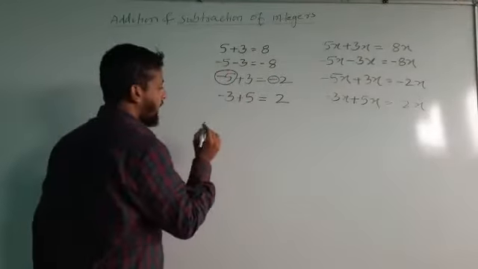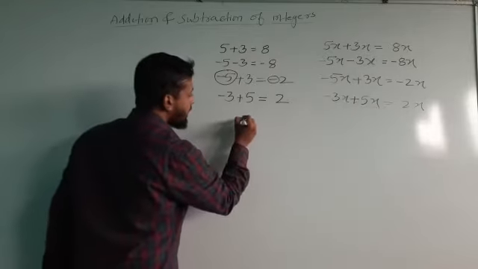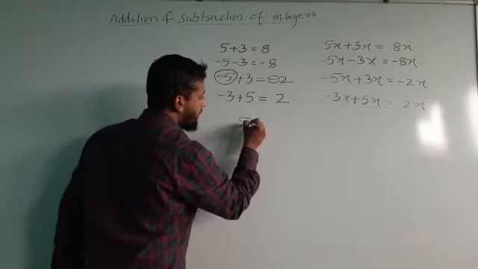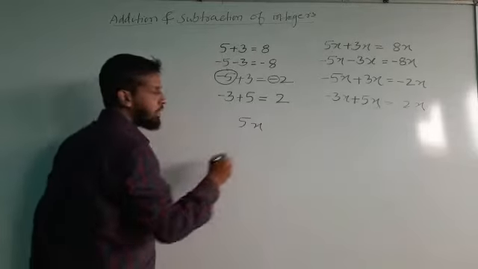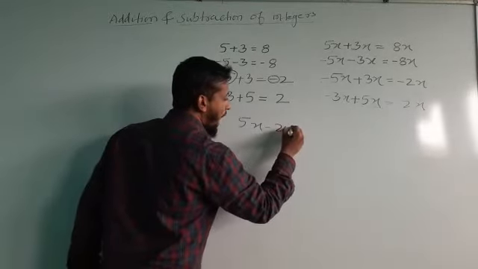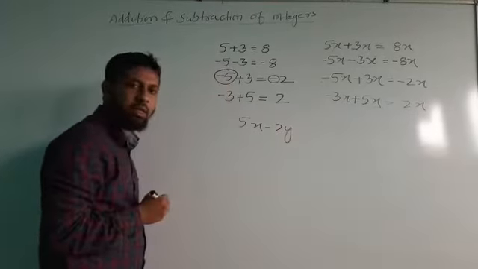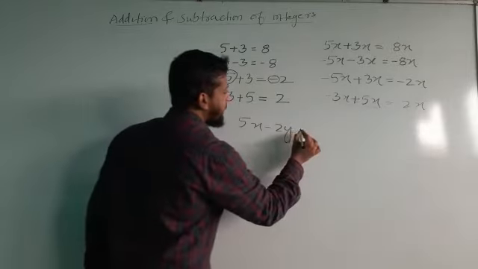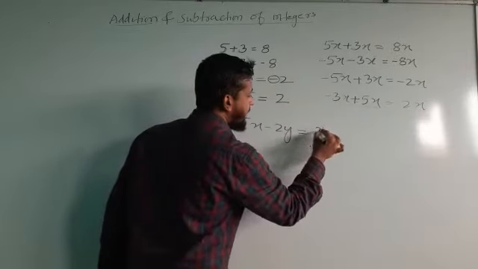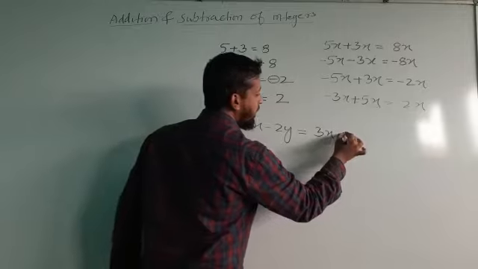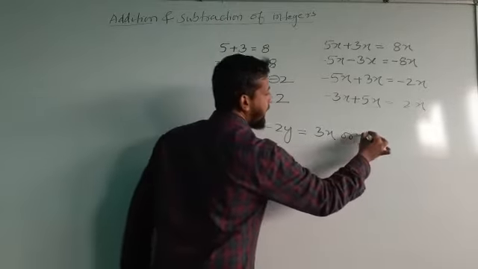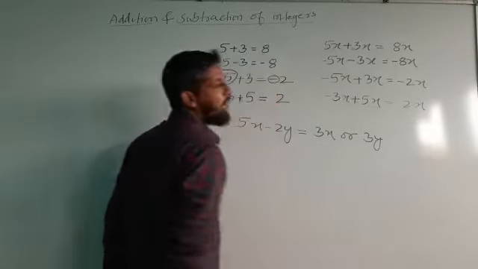Now one more thing I will show you. Suppose it is 5x minus 2y. 5x minus 2y. Some students used to write it as 3x, or they will write 3y. Some students, not all.